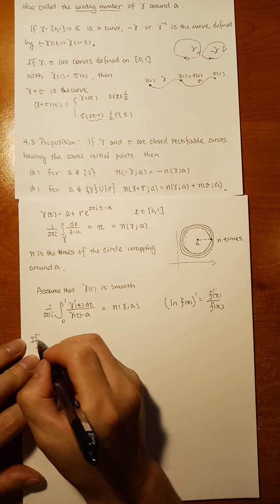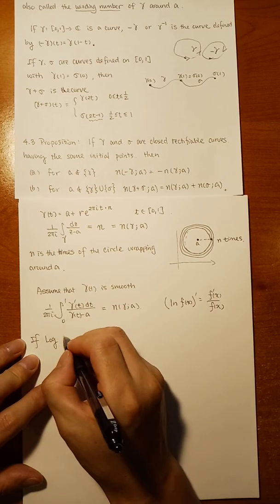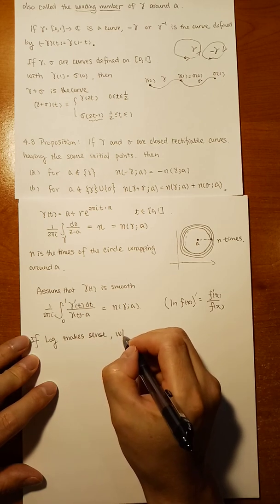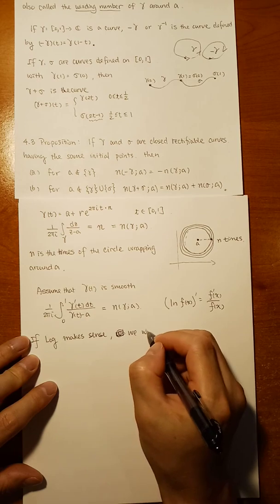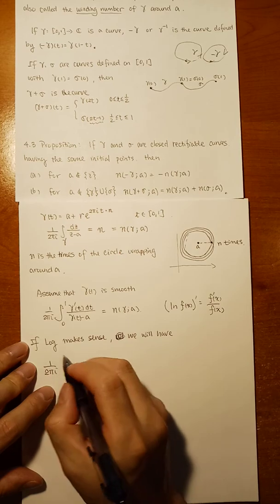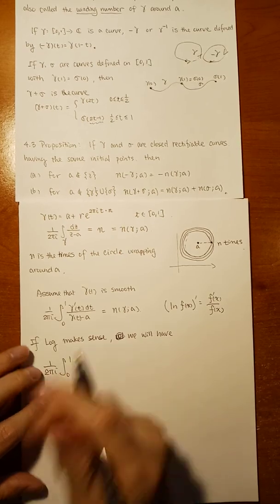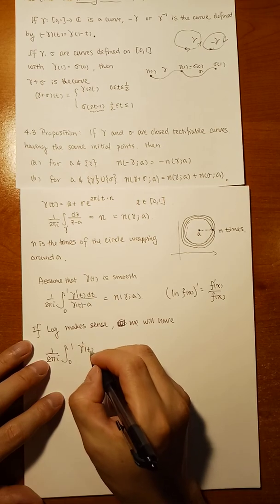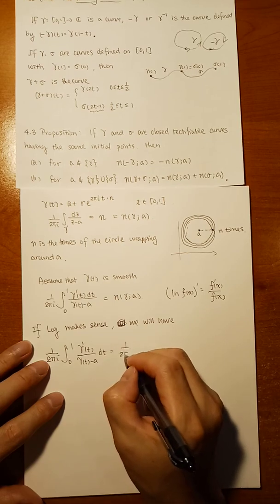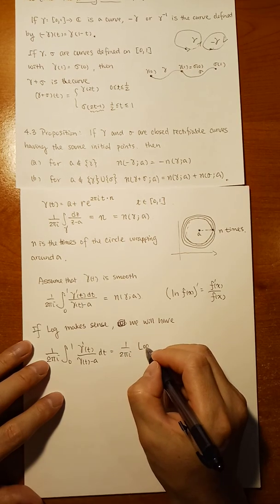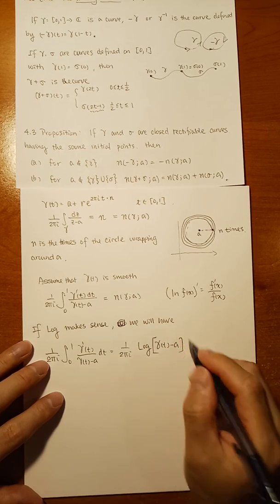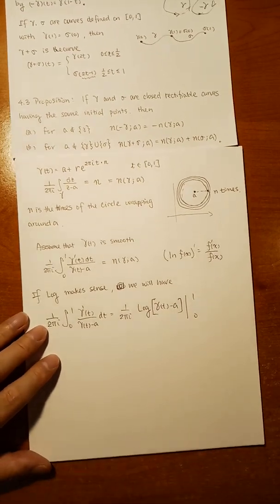If the logarithmic function makes sense, well defined, we will have this integral equal to 2 pi I times the logarithmic function of gamma of t minus a, from 0 to 1.